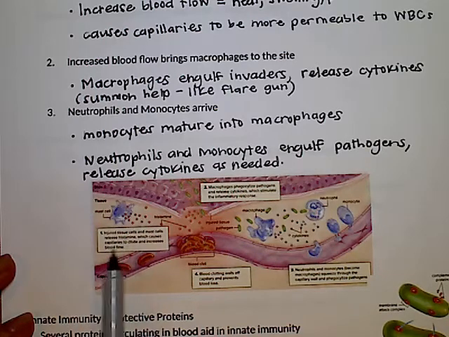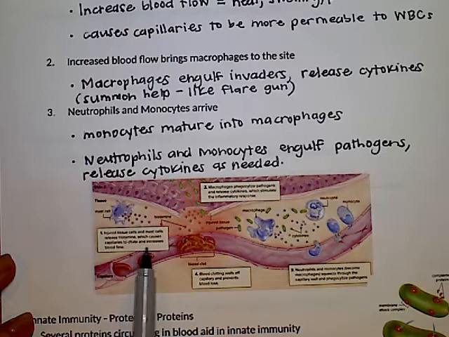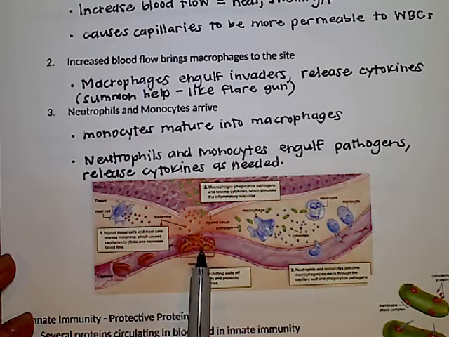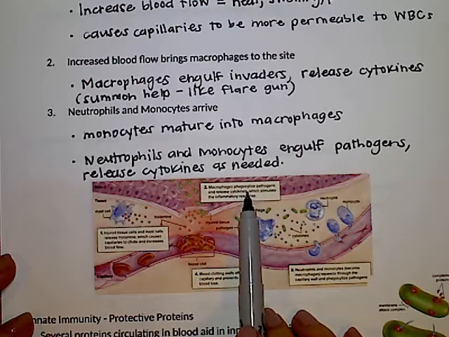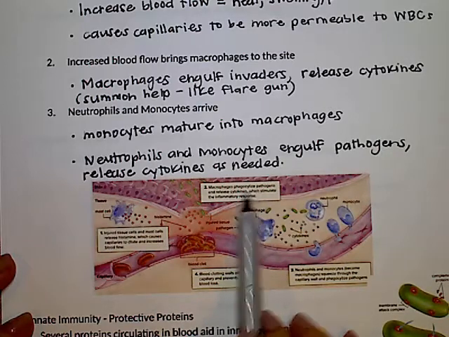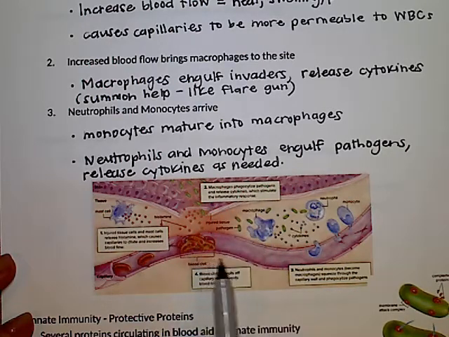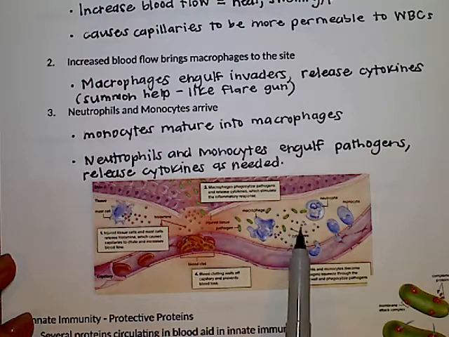Injured tissue cells and mast cells release histamine, which causes capillaries to dilate and increases blood flow. So we've got our blood clot going on here with that fibrin tissue with the platelets. And then the macrophages phagocytize, they eat the pathogens, release cytokines, which are these little blue dots here, which will stimulate the inflammatory response.